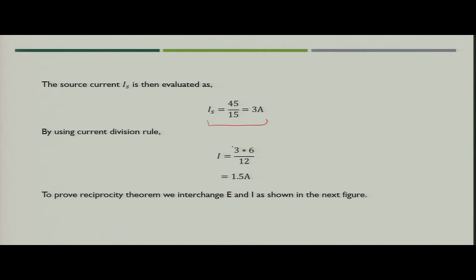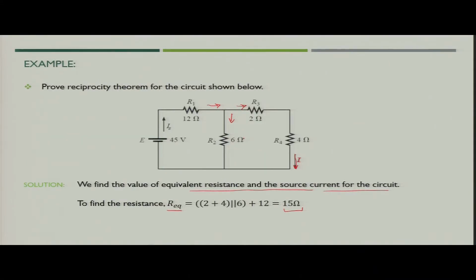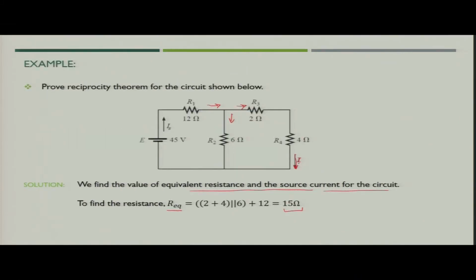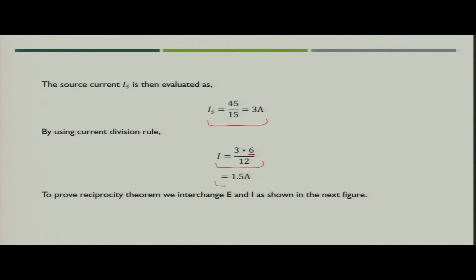So, you will see here the 3 is the current value in ampere, 6 is this value of the resistance, and the summation of the resistances, that is 6 plus 2 plus 4, will become 12. So, with current division you can easily find out the value of current flowing in this 4 ohm resistance, that is I, and the value of I is 1.5 ampere.